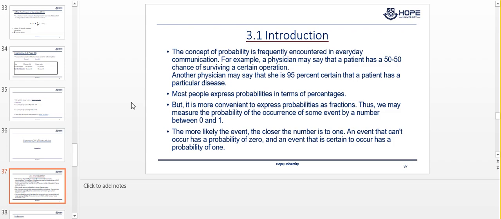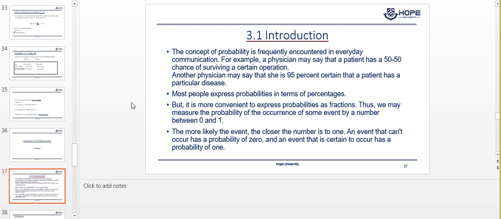Most people express probability in terms of percentage, but probability is mostly based on numbers less than one. For example, probability is between 1 and 0. If we say 50%, we cannot write 50. We use 0.5. If we say 20%, we use 0.20. In formulas it is more convenient to express probability as a fraction, as a point.